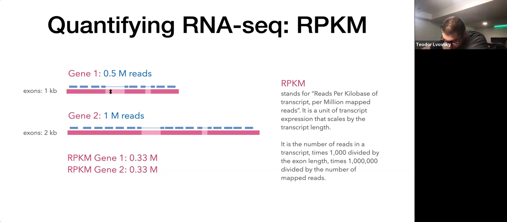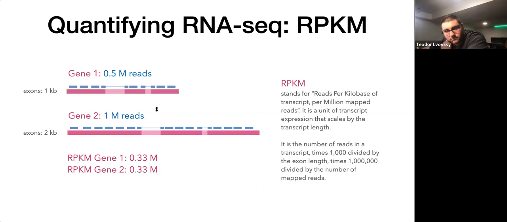You got 1 kb worth of exon length that has been tiled by blue reads like that. Gene 2 has got 1 million reads, so twice as many reads as gene 1. But when you look at it, let's say it's 2 kb worth of exon, the tiling is about the same density as gene 1.